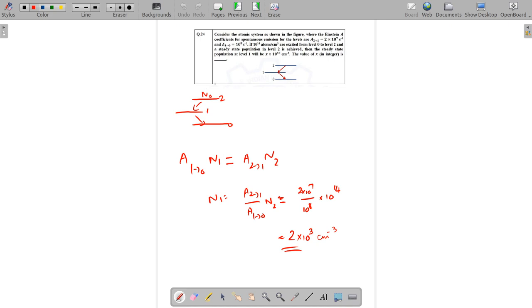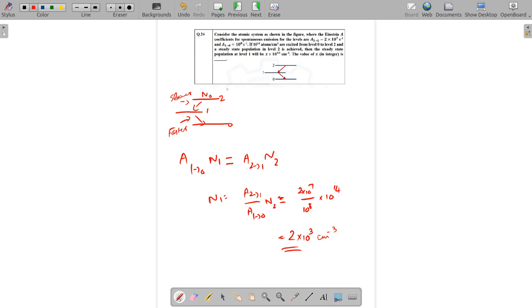If you look at this, you can see the rate from 2 to 1 is 2 into 10 raised to 7, which is very much less than the rate from 1 to 0, which is 10 raised to 8. They differ by at least an order of magnitude. So this decay happens faster compared to this one, which is lower.